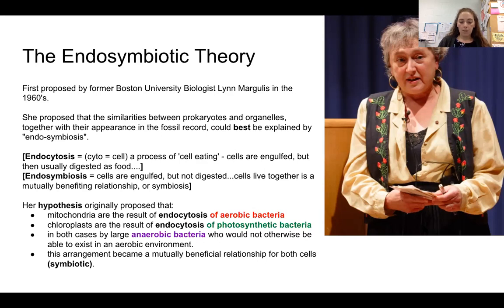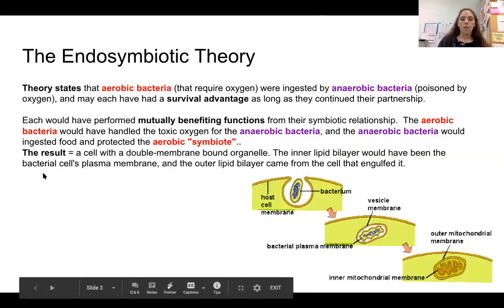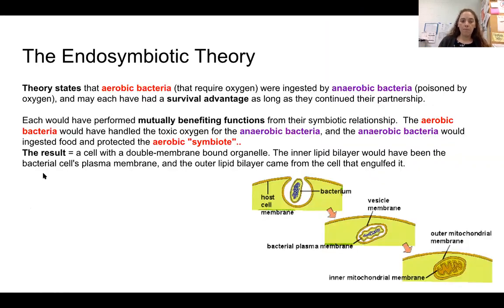The final thing was that the mitochondria and the chloroplasts have two membranes. They have an outer membrane and then that folded inner membrane. Where did that come from? That membrane, the result of our double membrane organelle, came from the process of endocytosis.